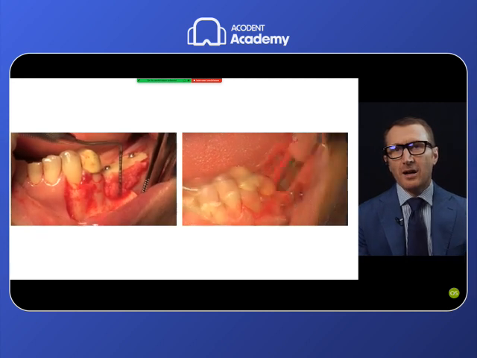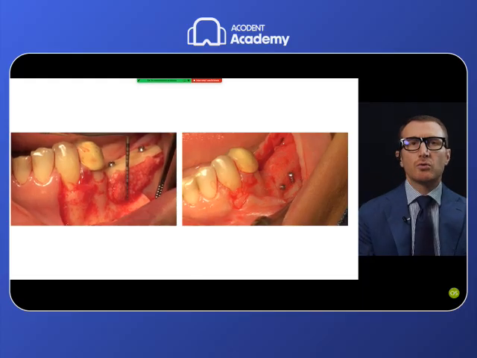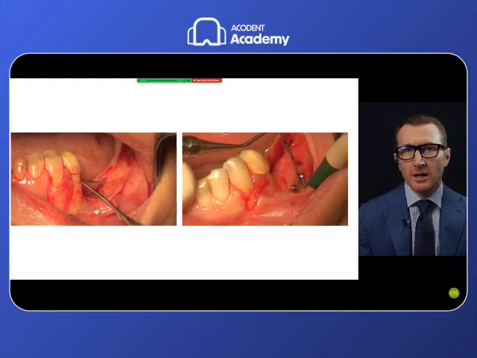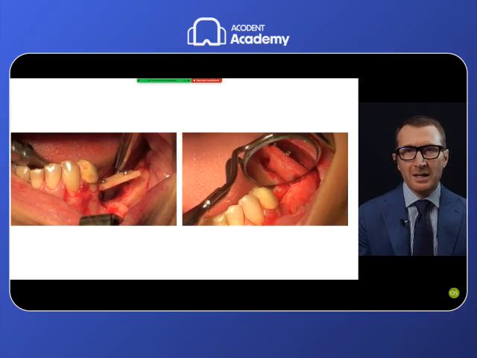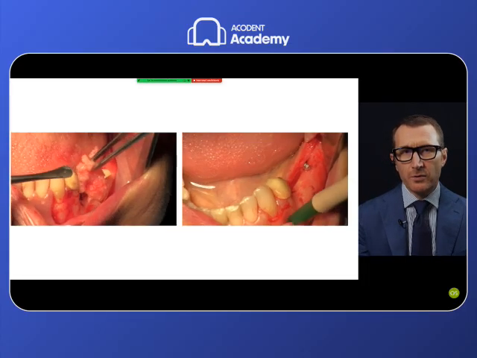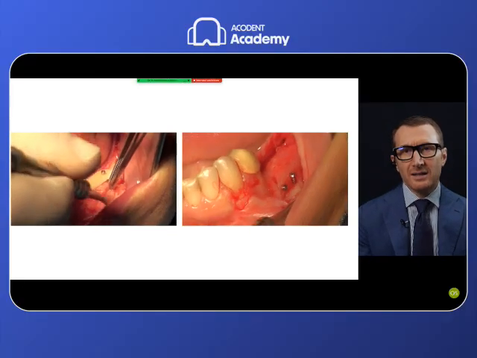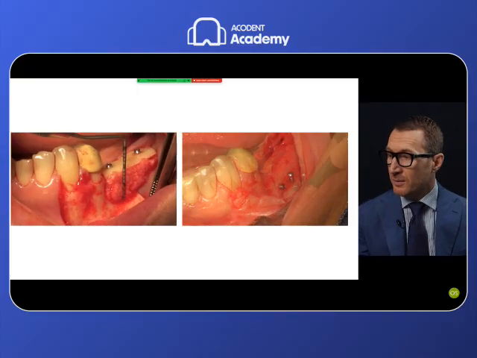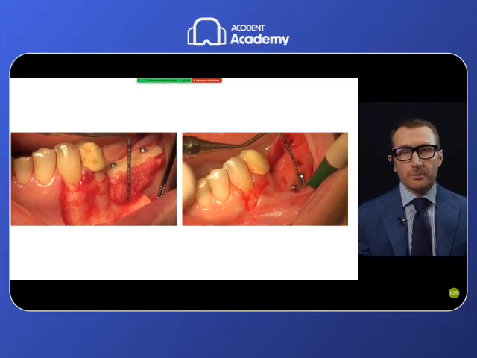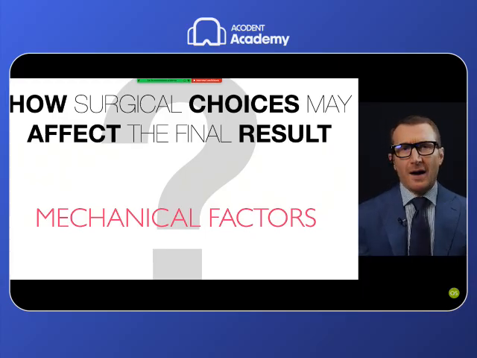But less than 5 millimeters in the vertical dimension does not affect the vascular network formation too much, meaning that the vascular network formation from the bone side alone seems to be quite sufficient in regenerating the bone. So what about the other factors, the mechanical factors?